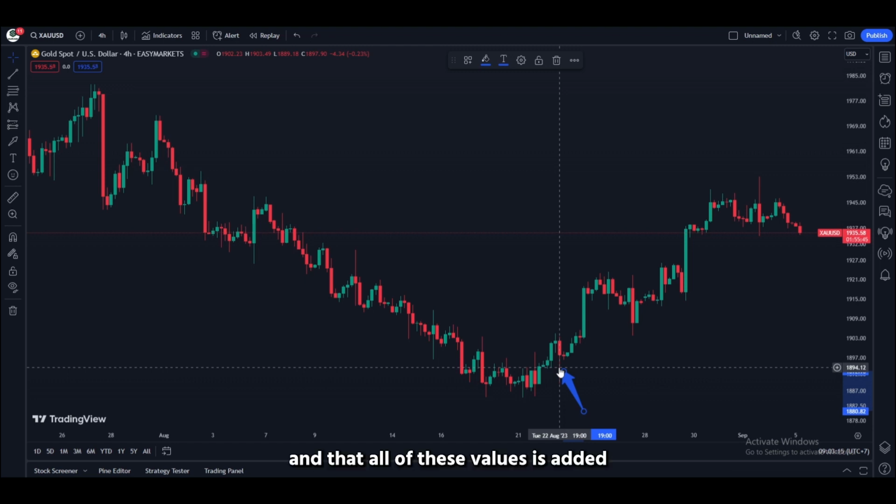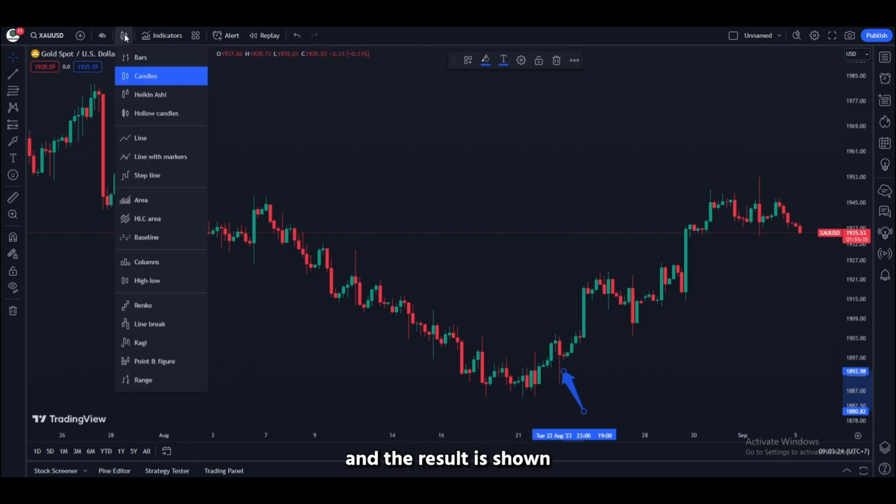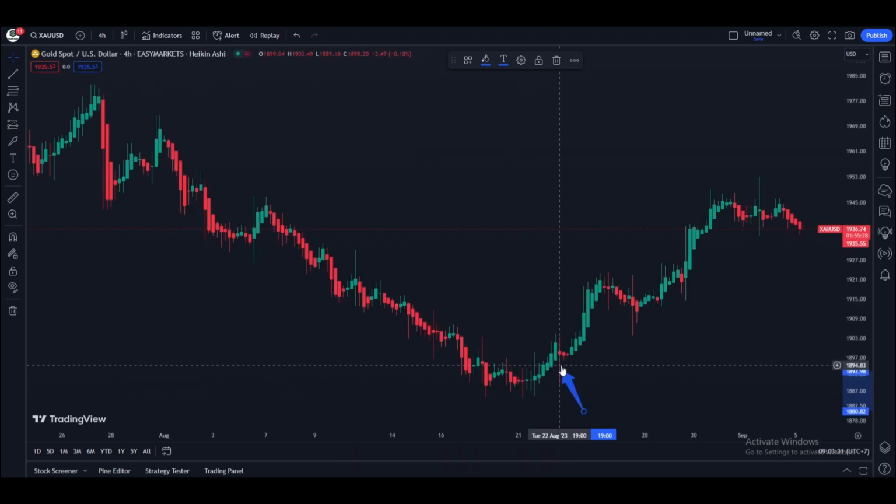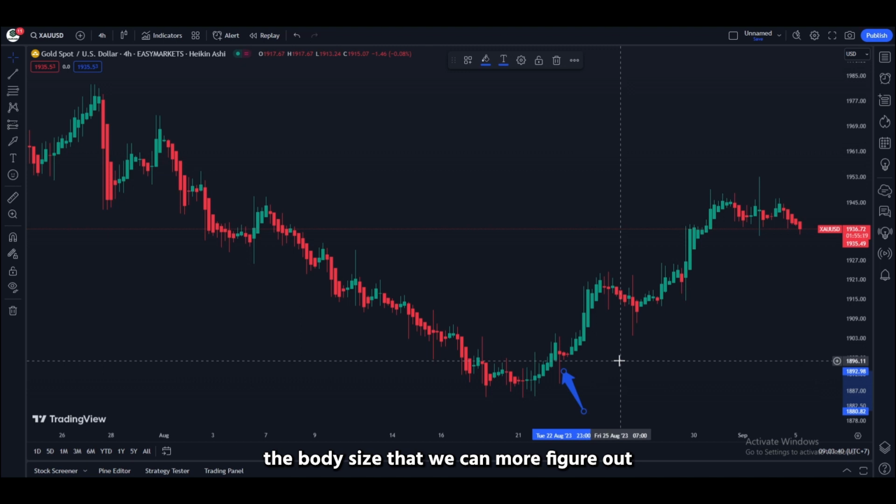All these values are added and divided by 4, and the result is shown in the close of Heikin Ashi. This one reduces the body size so that we can figure out the price action on the candlestick or pattern better.